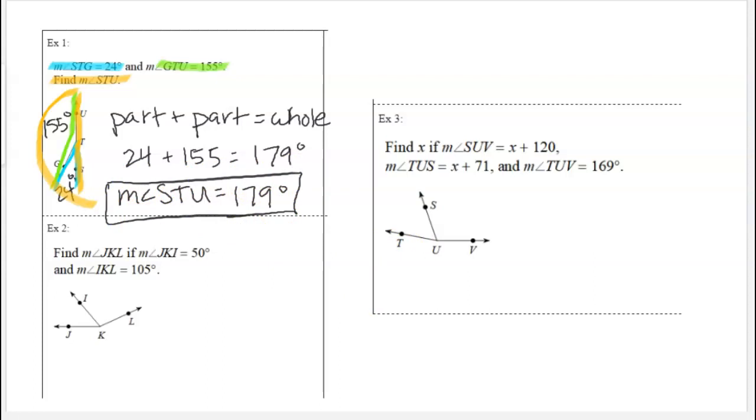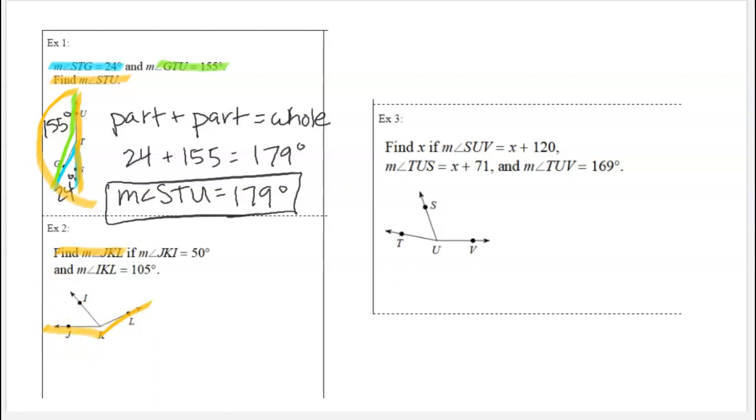Okay, let's see another very similar question. You can pause the video to try this question on your own. Okay, so we want to find the measure of angle JKL.